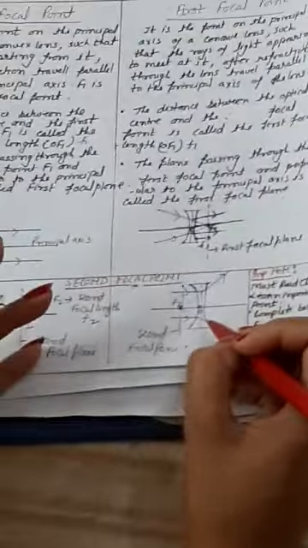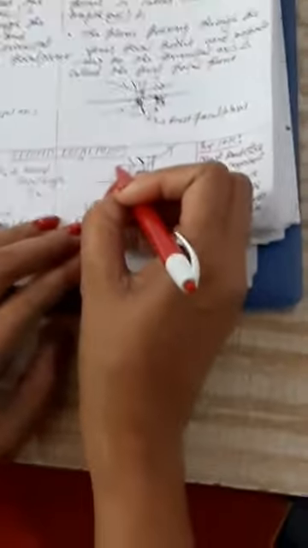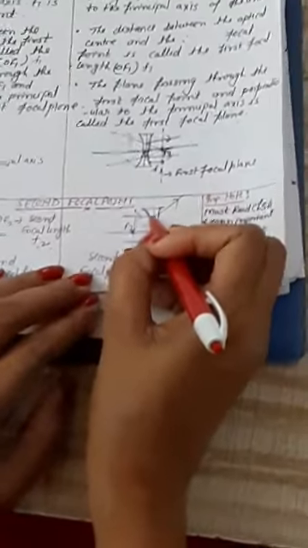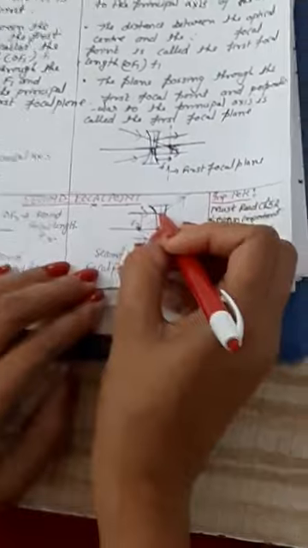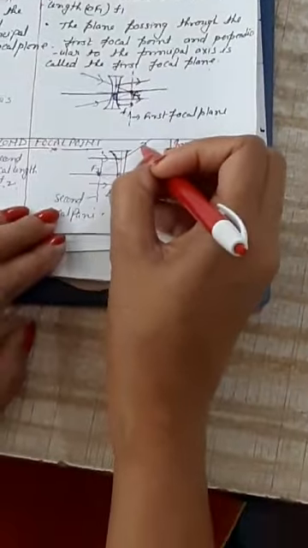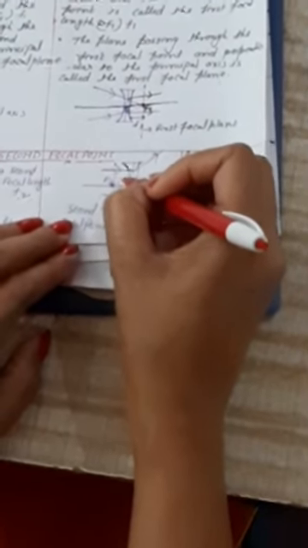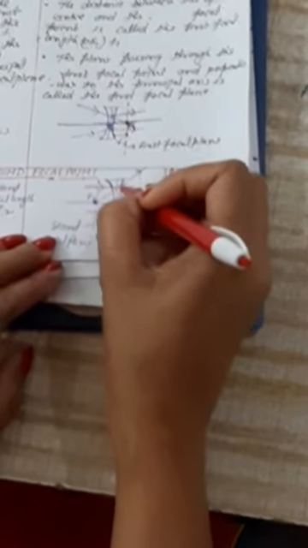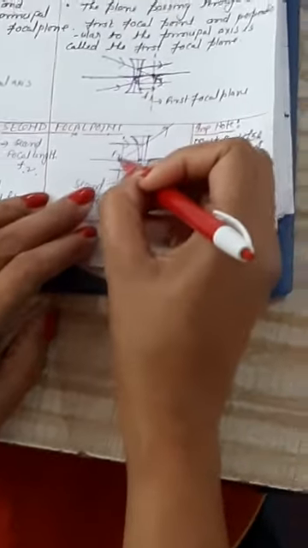Now the concave lens is the diverging lens. So when a ray of light is incident parallel, after refraction, it seems to be refracted from F2, diverging from this point.